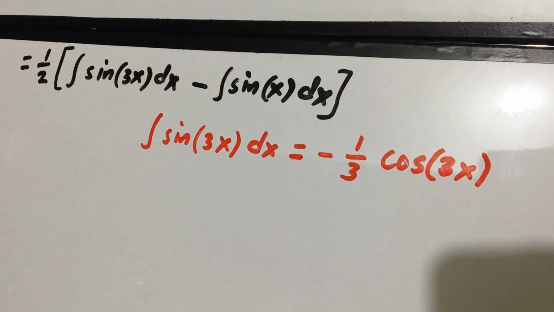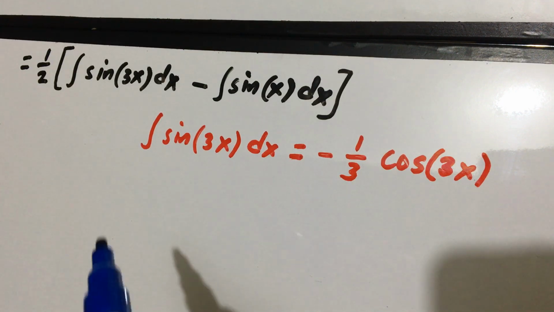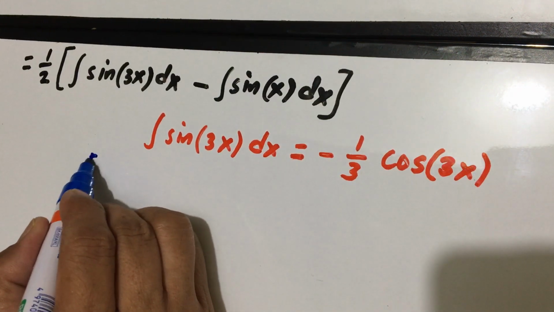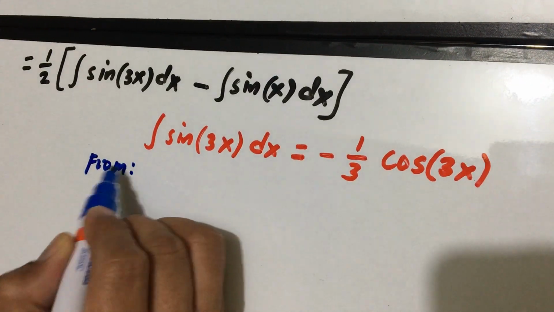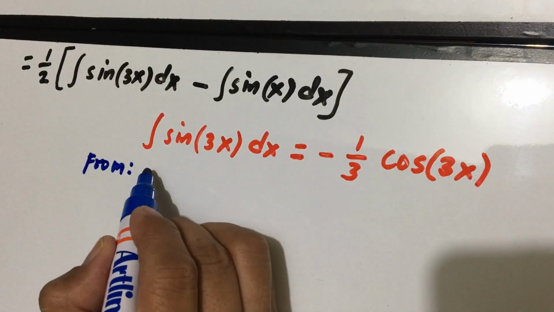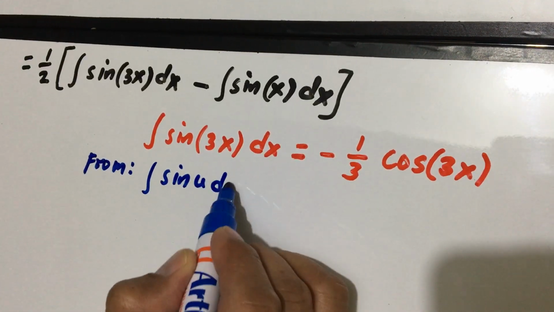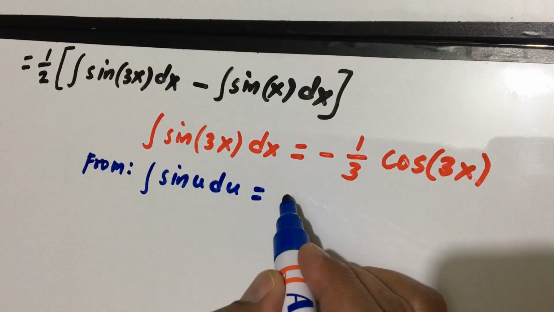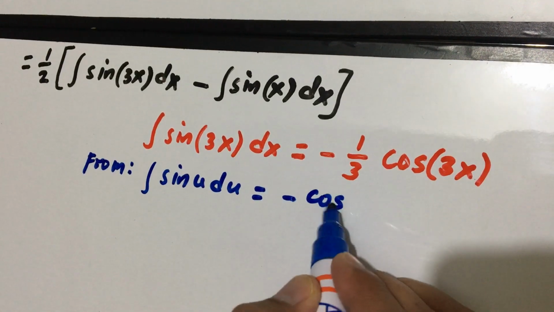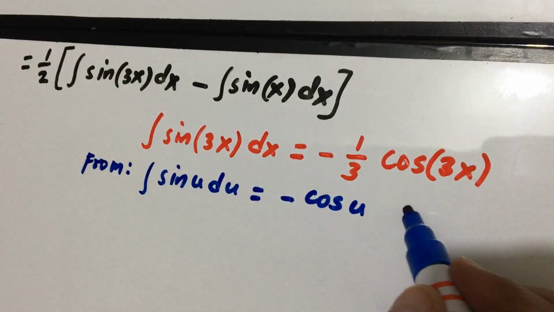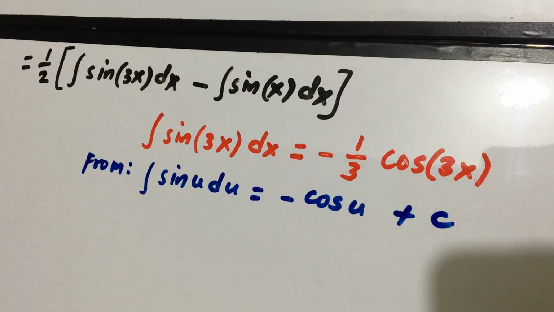As mentioned earlier, class, you have the formula, no? The integral of sine u. If you can still remember from these steps, the integral of sine u du is equal to minus cosine u plus c, right?